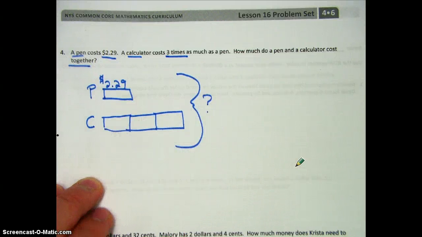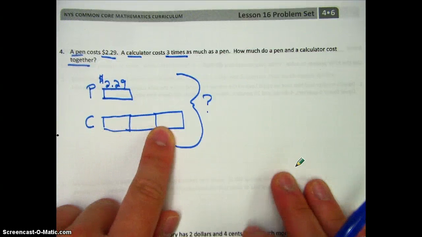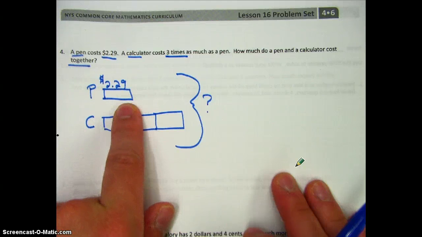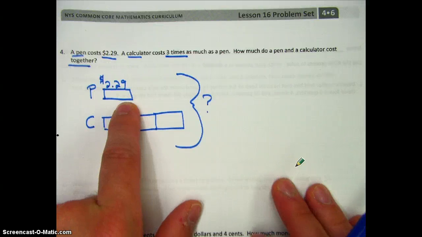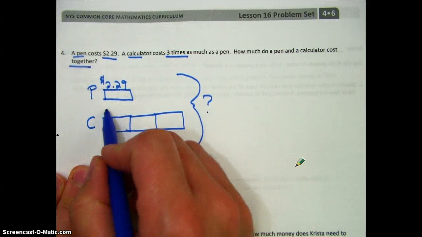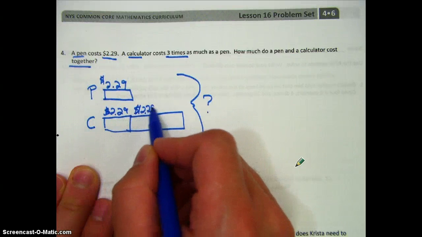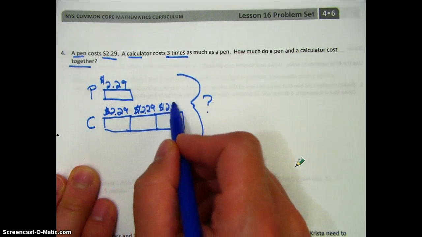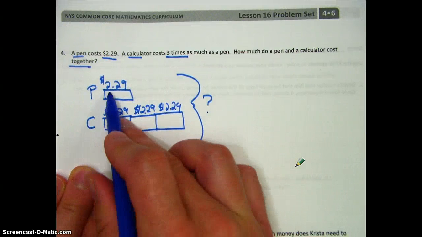Okay, so now one way we could do that is to find out the price of the calculator by doing $2.29 times 3, then adding it to the cost of the pen. Or we can solve it in one step by seeing that we have 4 sections here that all equal $2.29. So what we could do is actually just do $2.29 times 4.